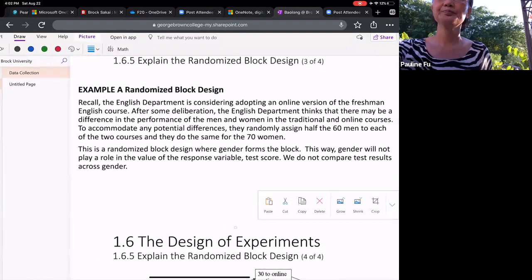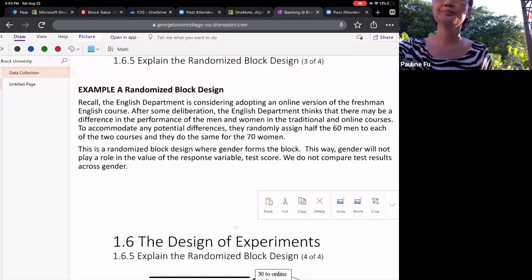The English department is considering adopting an online teaching method for the freshman English course. After some deliberation, the English department thinks that there may be a difference in the performance of men and women in the traditional and online courses. To accommodate any potential differences, they randomly assigned half of the 60 men to each of the 2 courses, and they do the same for the 70 women.